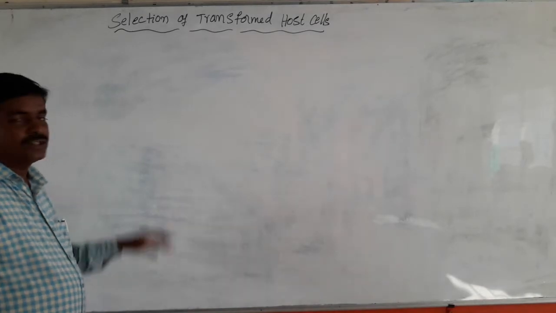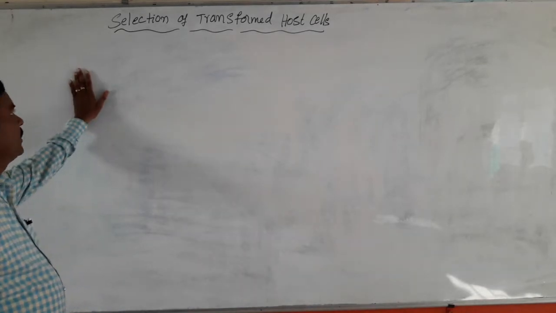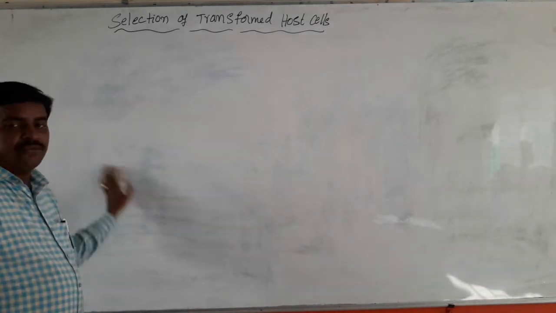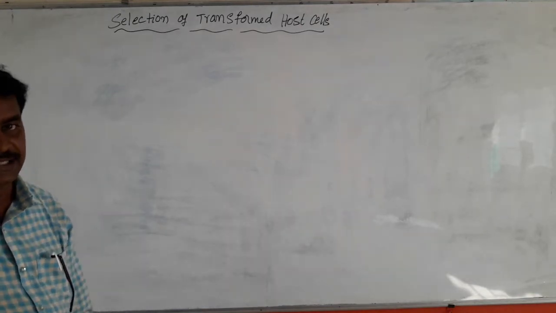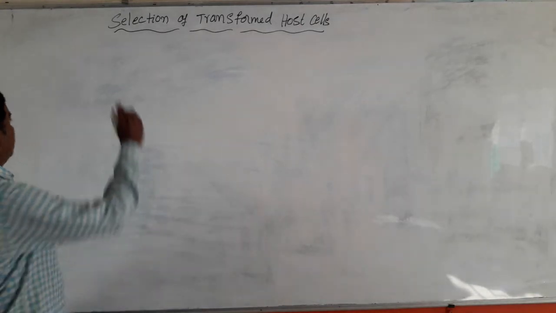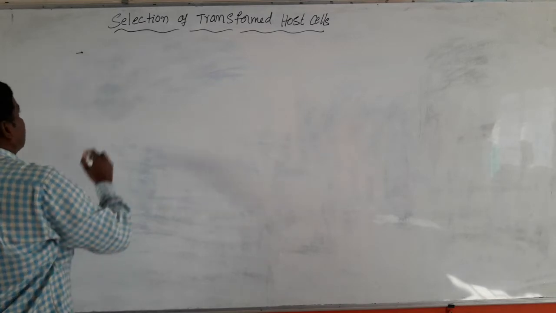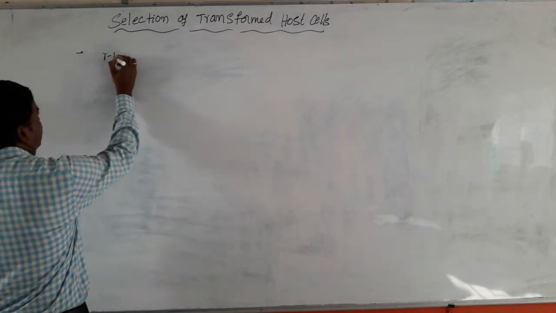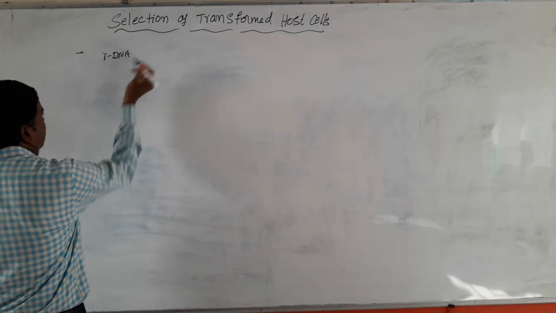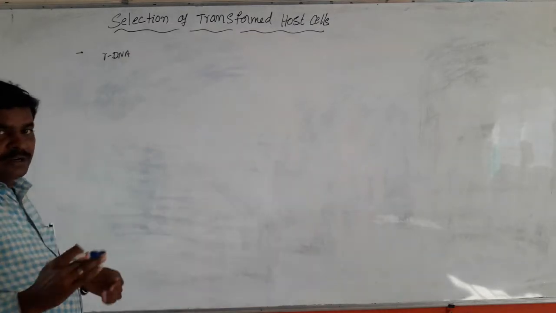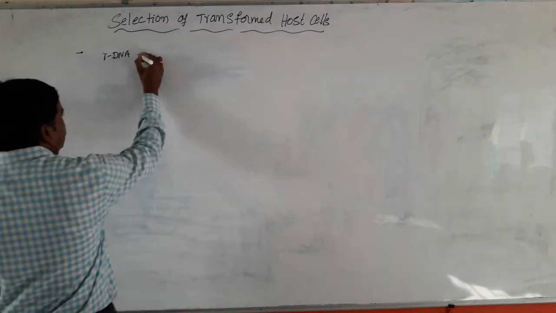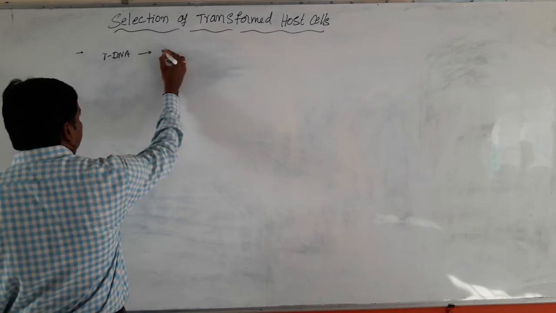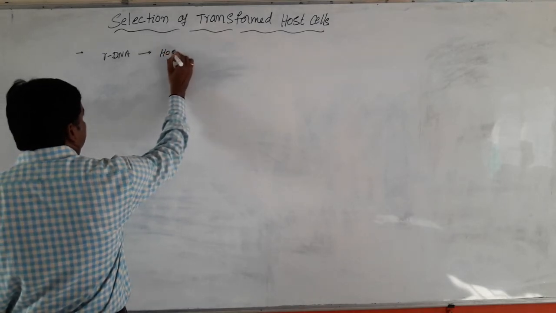Good morning, students. Now coming to another topic, selection of transformed host cells. Here, once the construction of recombinant DNA is done, the recombinant DNA is inserted into a suitable host, generally an E. coli bacterial cell.